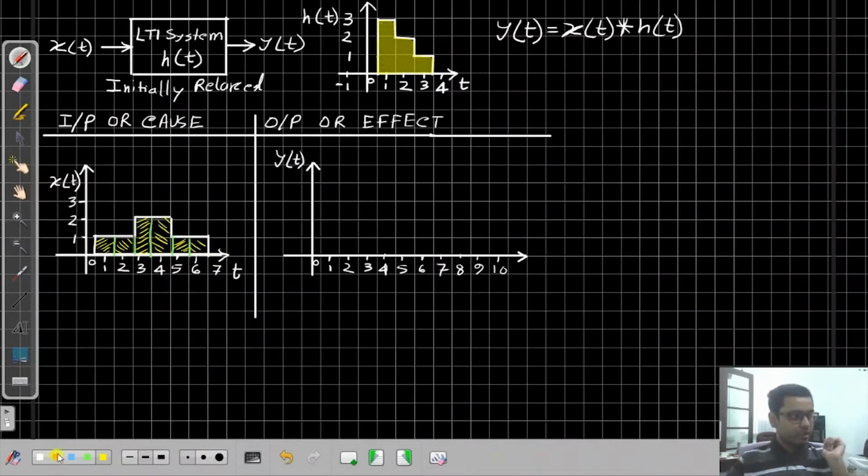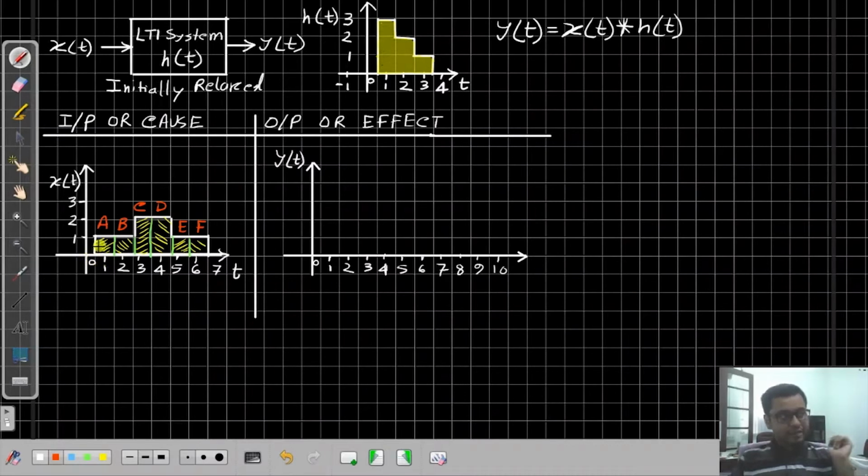Let me call these individual slices A, B, C, D, E, and F. Now to find the output corresponding to this input pattern, what we shall do is this. We shall find the output corresponding to these individual slices, and then we shall add those outputs.